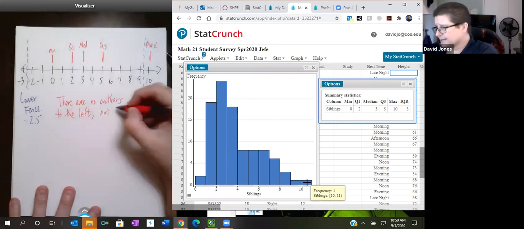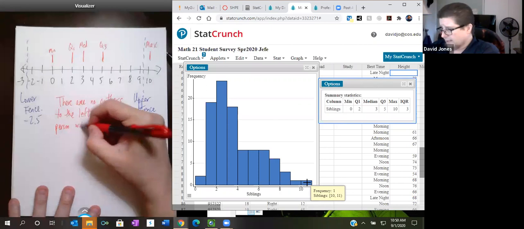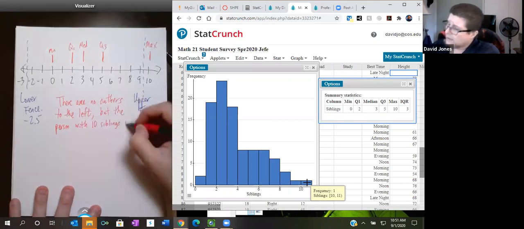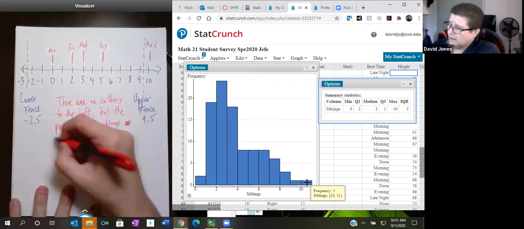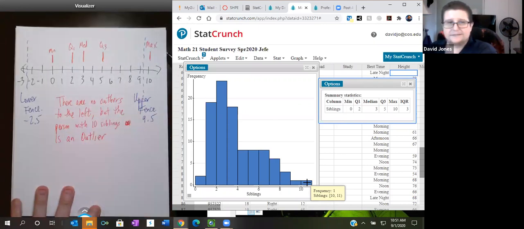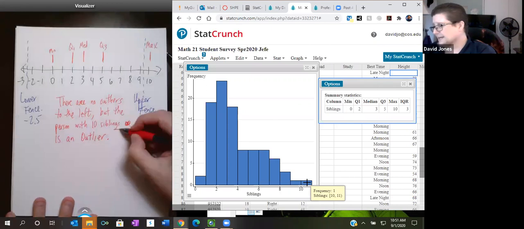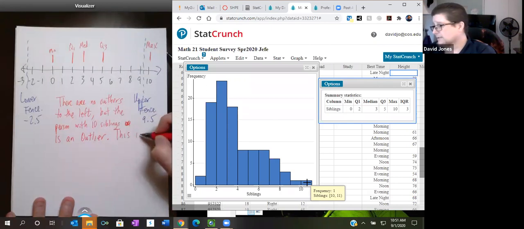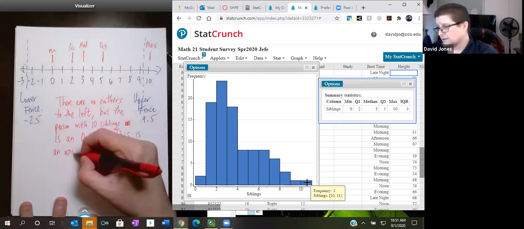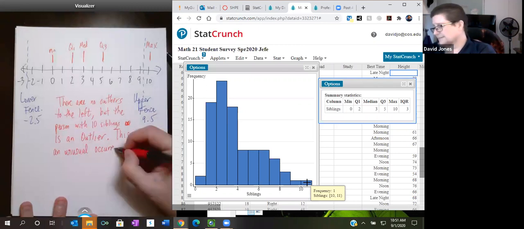But the person with 10 siblings is an outlier. That person is our Bill Gates of siblings. This is an unusual occurrence, to have 10 siblings.